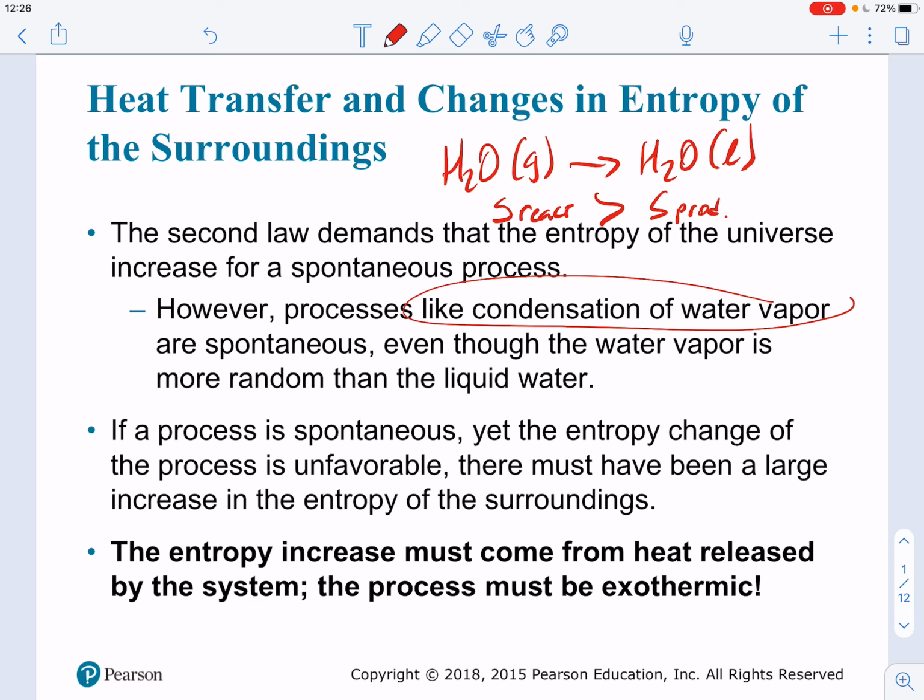Therefore, the energy that is released when water is condensing, that heat, goes into the surroundings, and it is used to increase the entropy of the surroundings.